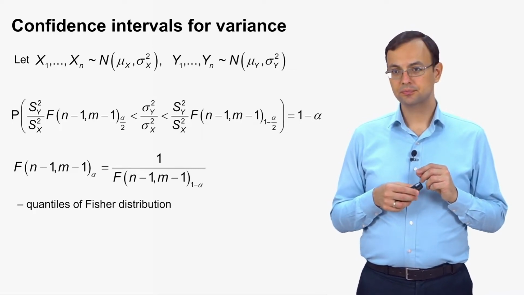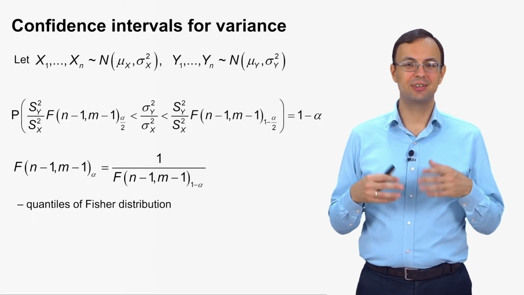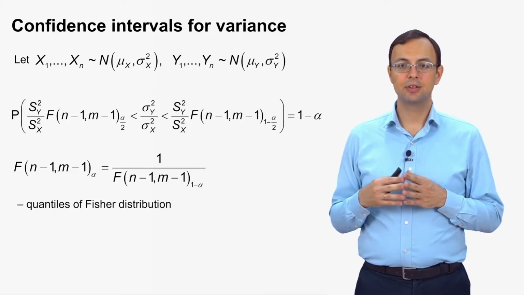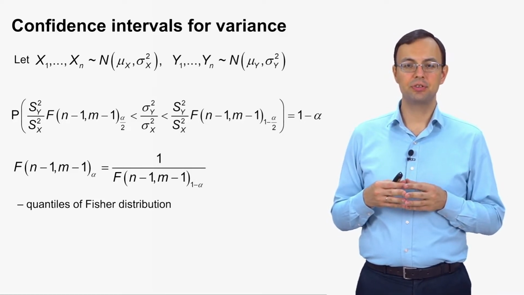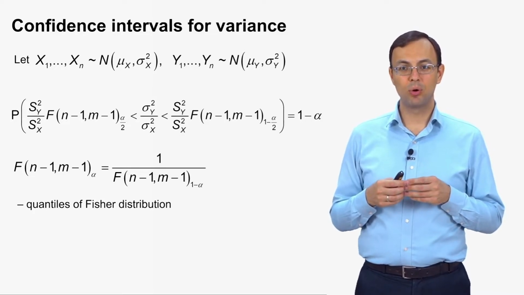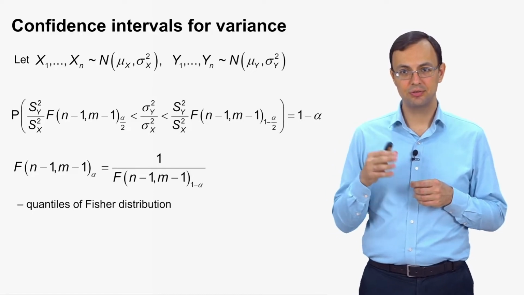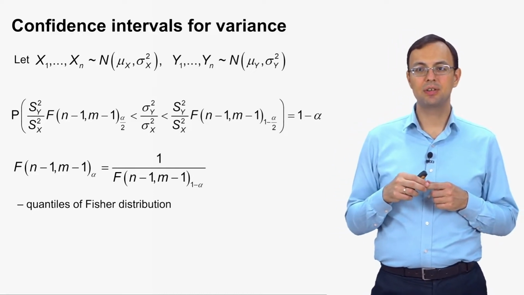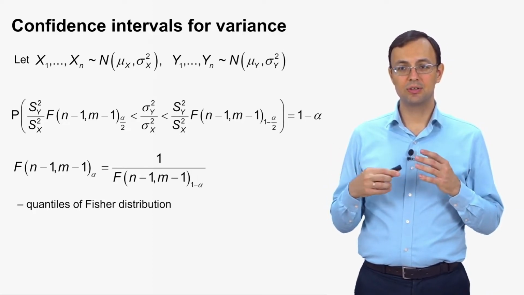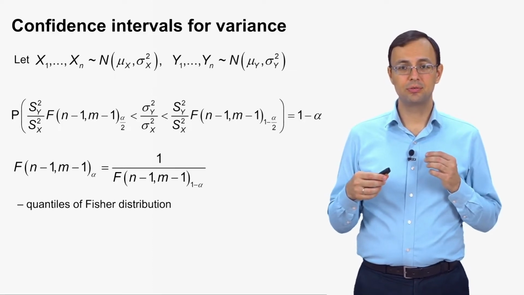I won't repeat the same phrases, it is just another auxiliary distribution in mathematical statistics. Quantiles of the Fisher distribution are usually provided in tables only for small levels, so only for alphas close to 0. That is why if you need the quantile of a high level, close to 1, you are to divide.